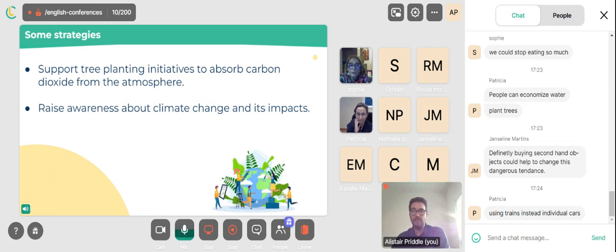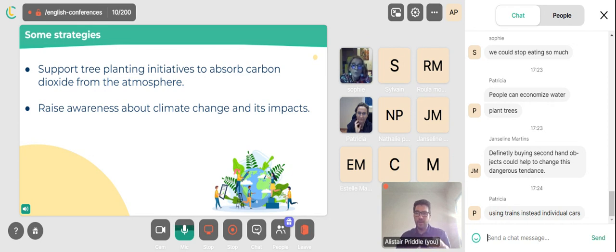Here are a couple more. Support tree planting initiatives. Okay, we've had another thing in the chat there to plant trees. So support tree planting initiatives to absorb carbon dioxide from the atmosphere. And of course, they give out oxygen as well.